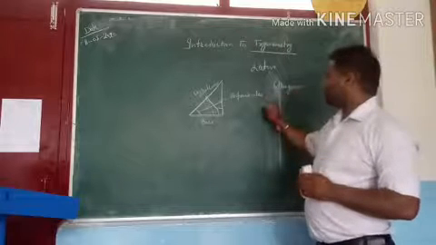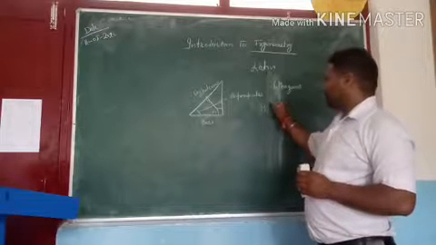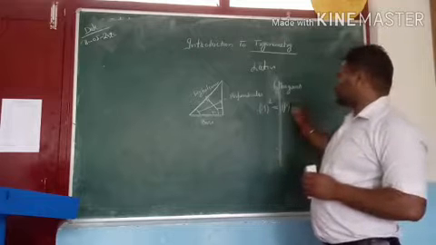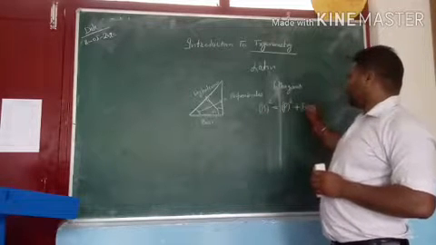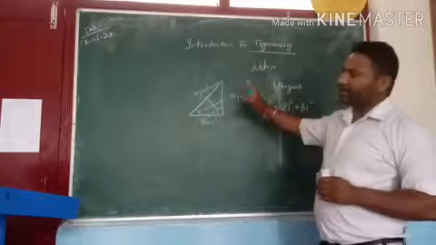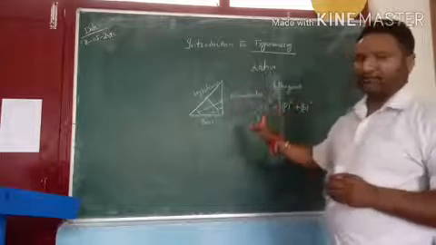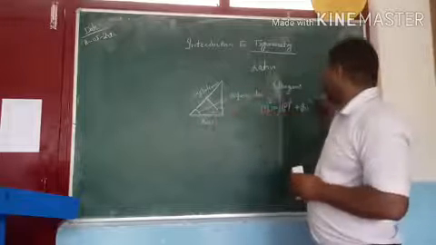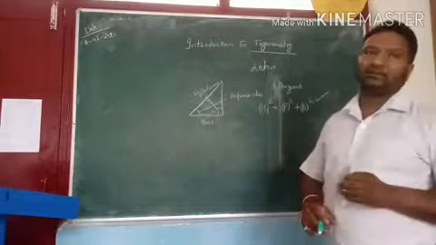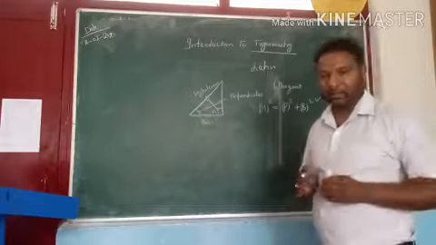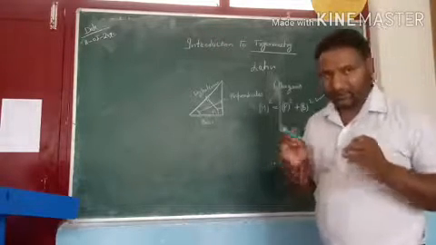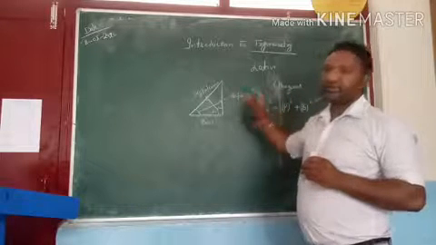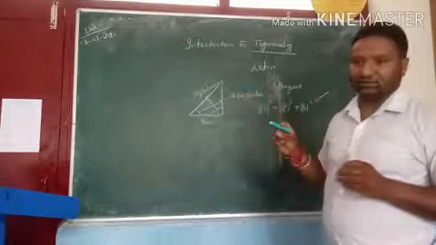According to the Pythagoras theorem, the square of the hypotenuse is equal to the sum of the squares of the perpendicular and the base. So if one side is not given, we can use this formula to find the third side of the right angle triangle. I think it is clear to all. And why am I telling you this? Because we have to use this concept in this chapter also.